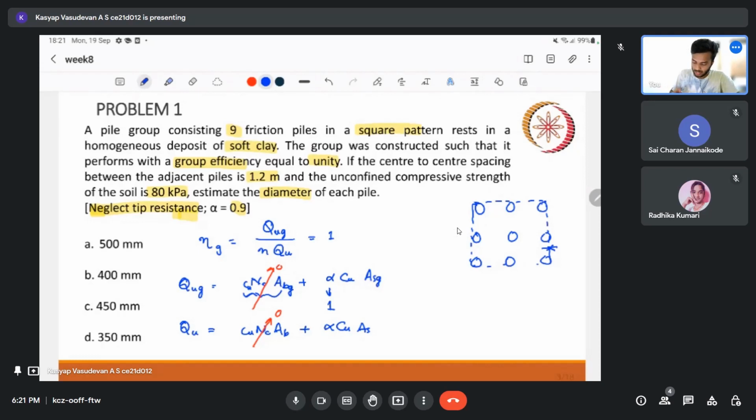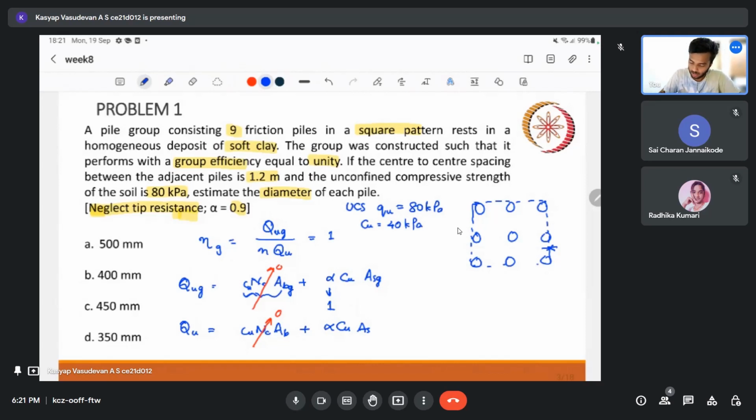Here, what is our CU? They have given QU, that is the UCS value, the unconfined compressive strength test value, as 80 kPa. So our CU will be 40 kPa, half of the UCS.